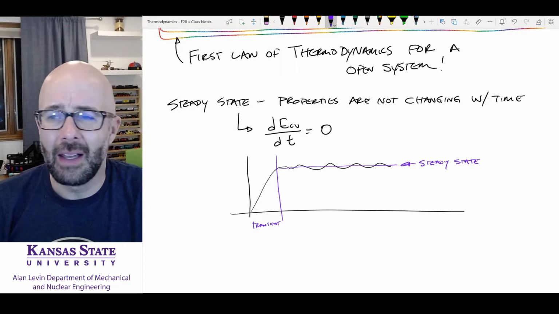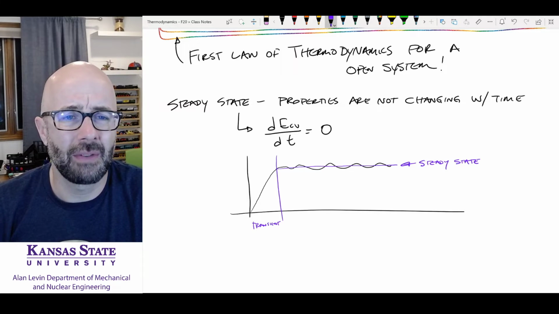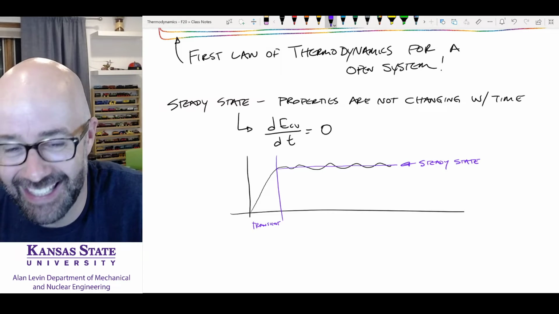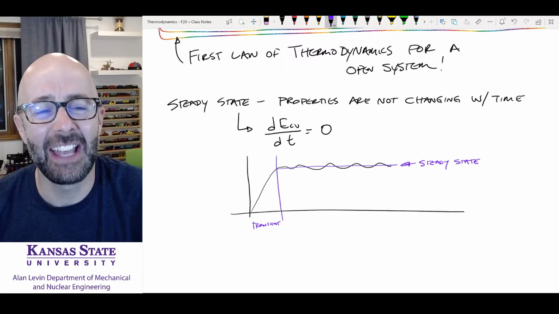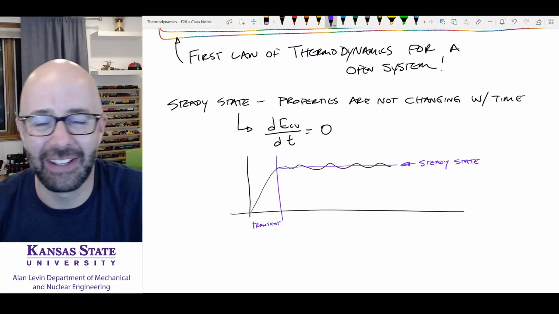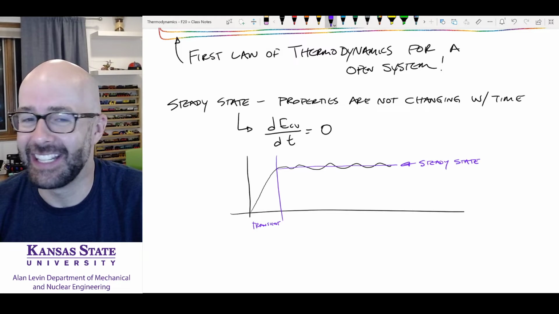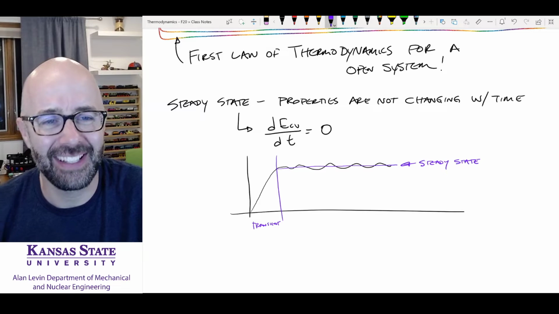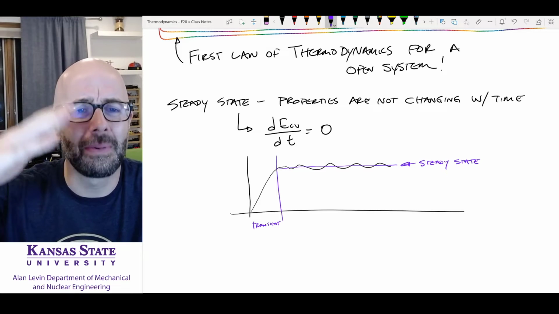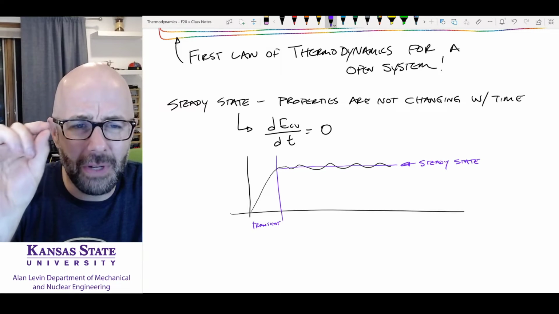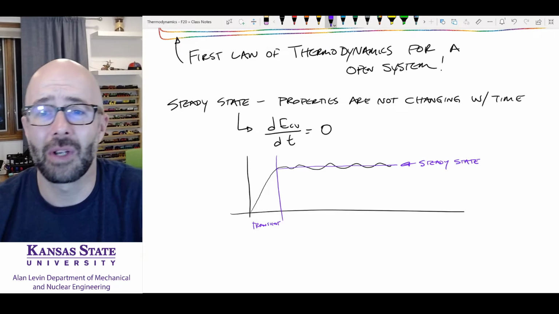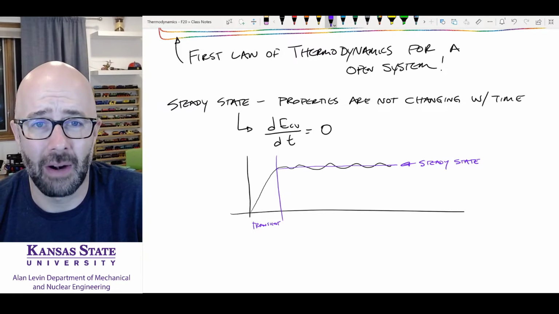You don't say, I was going 75, and sometimes I was going 72, and other times I was going 86. That's probably off the bounds of steady state. 78 is what I was trying to say. You can go up and down a little bit, but it's pretty much that you're going 75 miles an hour. So steady state is the model we're going to have for almost every one of our problems now.